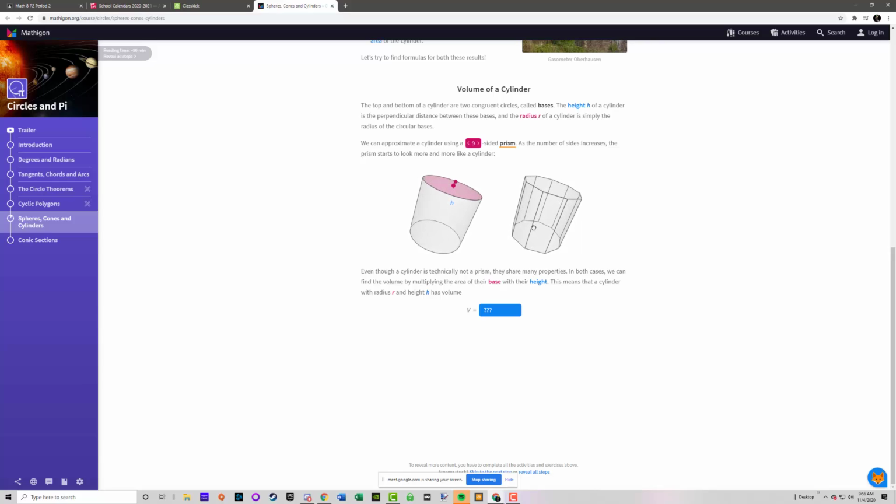Yeah, it's getting rounder. It's becoming more circular. Can we agree that the prism on the right is starting to look more and more like the cylinder on the left?